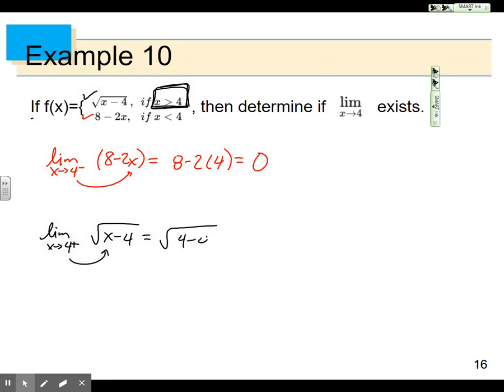So I get the square root of 4 minus 4. And sure enough, that is equal to 0. So since the left-hand and right-hand limits are the same, determine if it exists: yes. And actually the limit as x approaches 4 of this function f of x would equal 0.